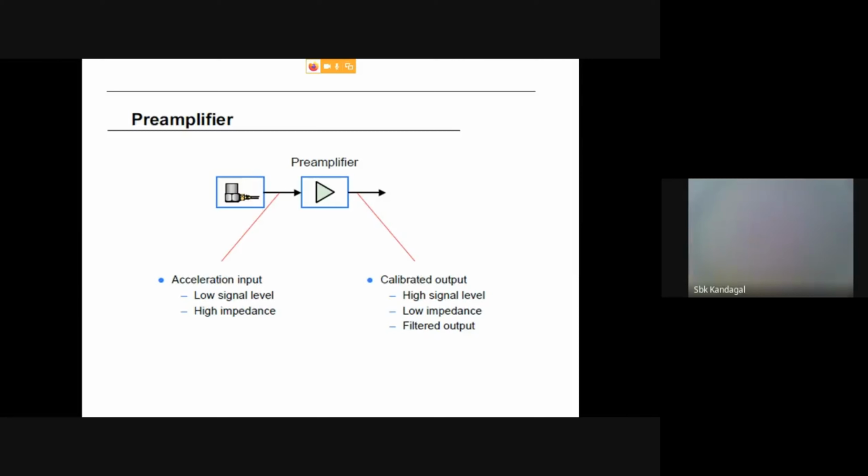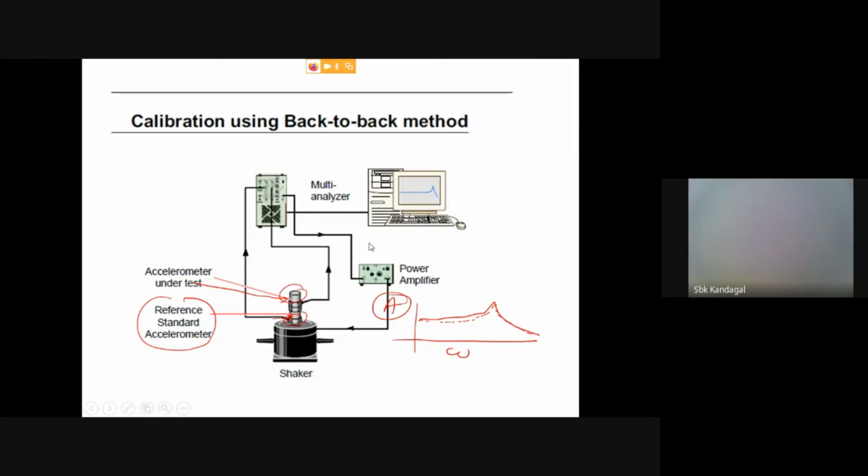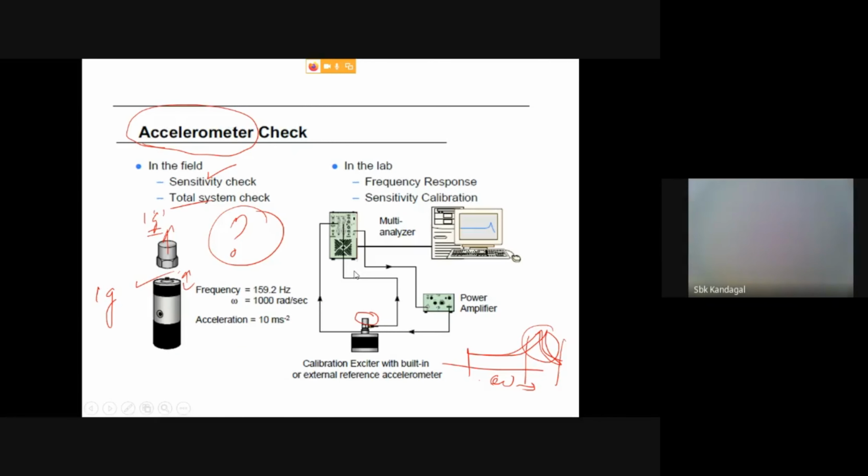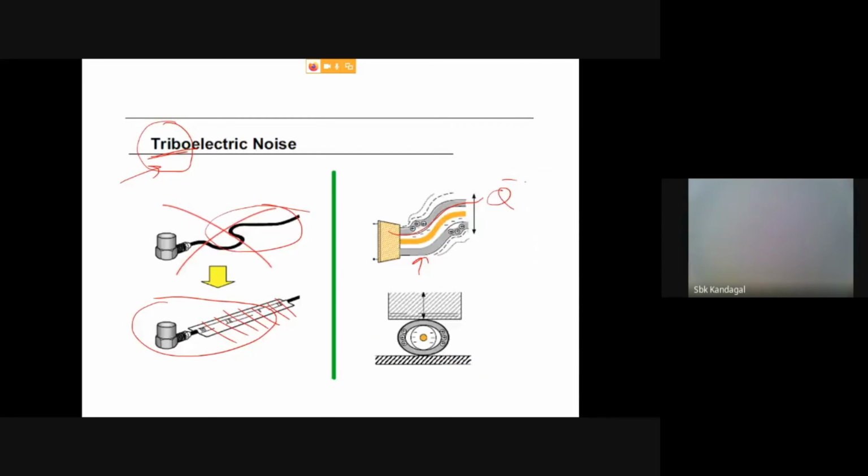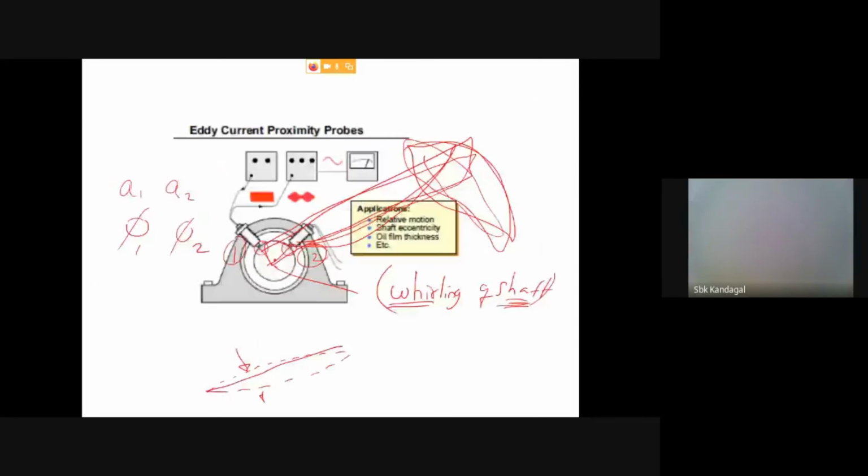Now coming to the important aspect, I told you about the conditioning amplifier, the pre-amplifier. Essentially, after the accelerometer, you have a pre-amplifier. I think you might have seen it earlier, but I have shown you. I'll show you the pre-amplifier.